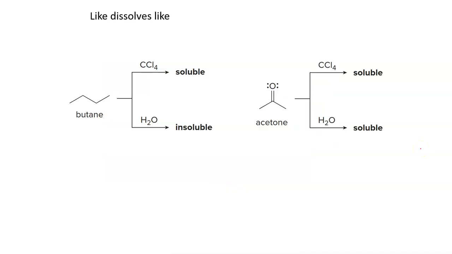If we have, for example, carbon tetrachloride, we have 4 chloride groups and a carbon in the middle. These are going to have some electronegativity differences, so we'll have partial negative charges on the outside, but we're going to have some polar bonds, but there's not a dipole there.